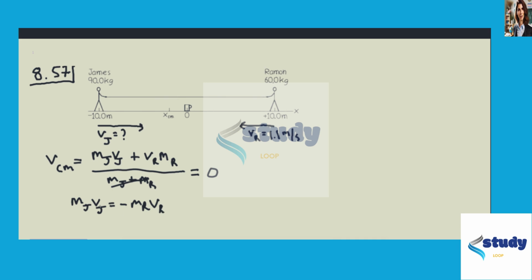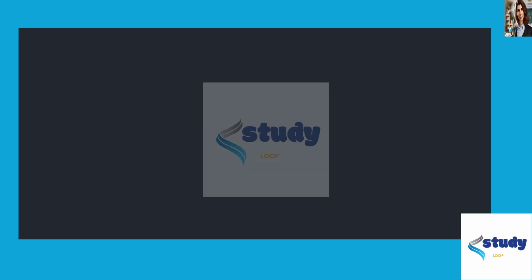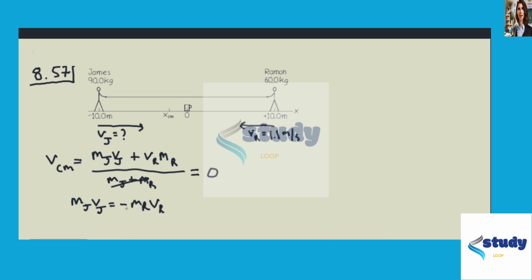And now look at this. This looks suspiciously like the conservation of momentum problem, because it is just a different way of going about thinking about it, which is more convenient in some cases. In some cases, it doesn't really make a whole lot of difference. In some cases, doing it the way we've already seen a bunch of times, with just directly writing out the conservation of momentum, might be the easiest.